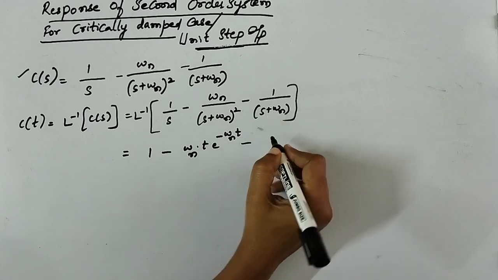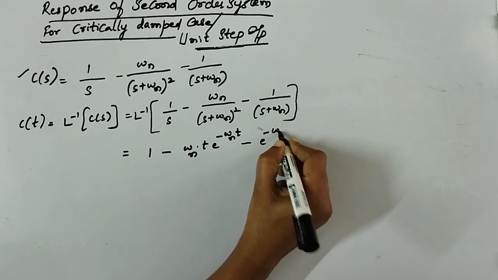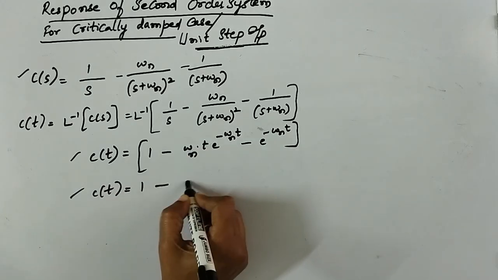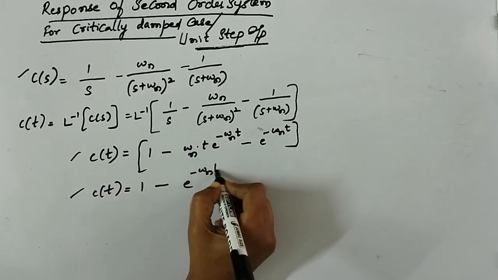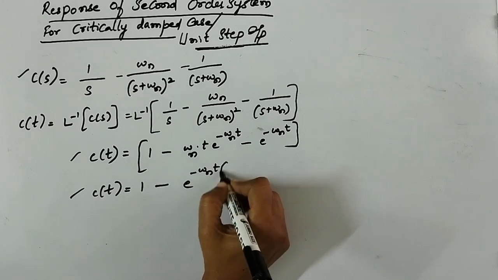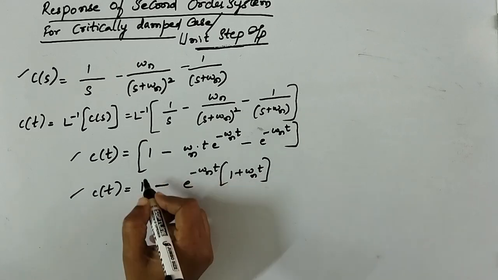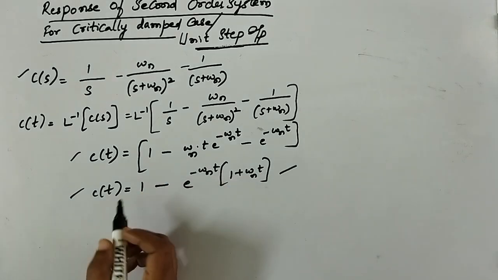And for this one Laplace inverse, that is e power minus omega n into t. We can still write this as 1 minus e power minus omega n t taking common, and you are left with 1 plus omega n into t.